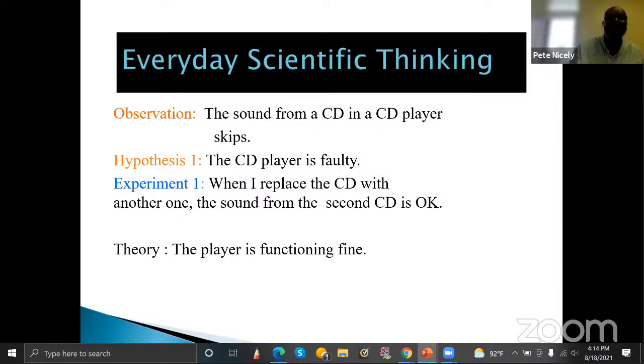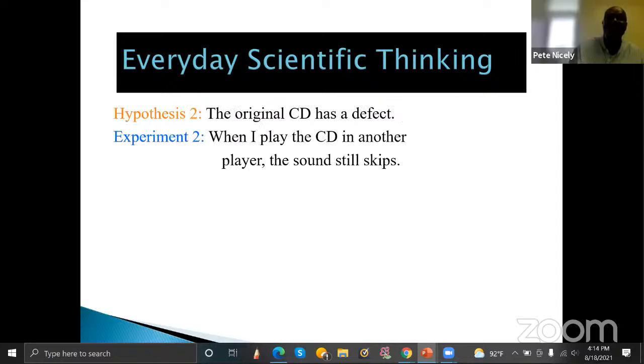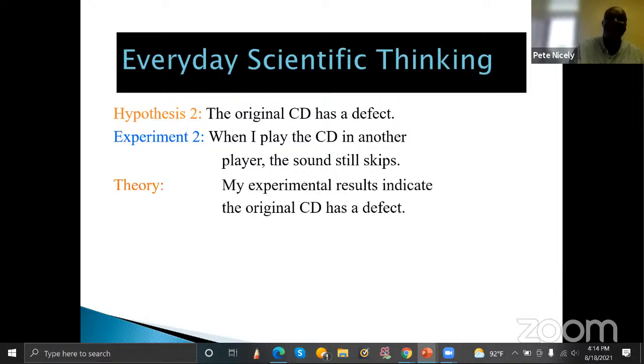Remember? Okay. What you should do to determine if the CD is defective is that you take that CD and place it in another player. You see what I'm saying? And in this particular case, what happened is that the sound still skips. So therefore, the theory that we have to go on based on that particular experiment is that it is the CD that has the defect, and that's why the sound still skips.